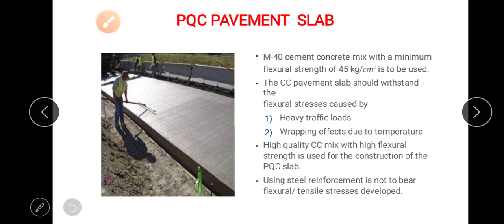PQC pavement slab: M40 cement concrete mix with a minimum flexural strength of 45 kg per centimeter squared is to be used. The cement concrete pavement slab should withstand the flexural stress caused by heavy traffic loads and warping effects due to temperature, that is bending stress.